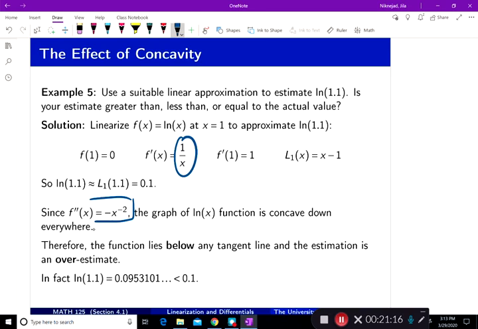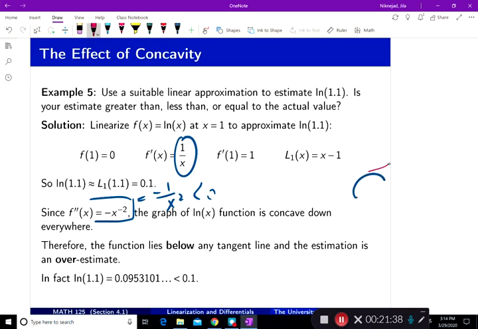For any x, this is negative 1 over x squared, and it's always a negative value. That means that we always have concave down.